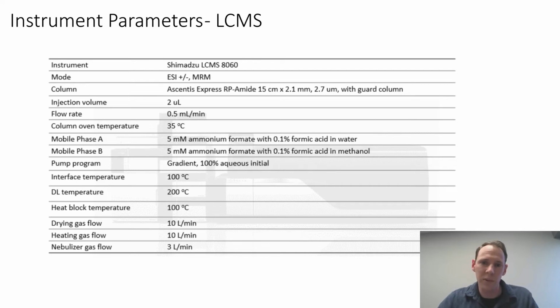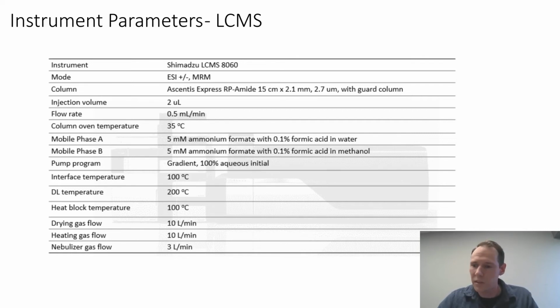Here are the instrument parameters for LCMS. The instrument that I used for this method development is a Shimadzu LCMS 8060 with electrospray ionization, operating in both positive and negative mode.